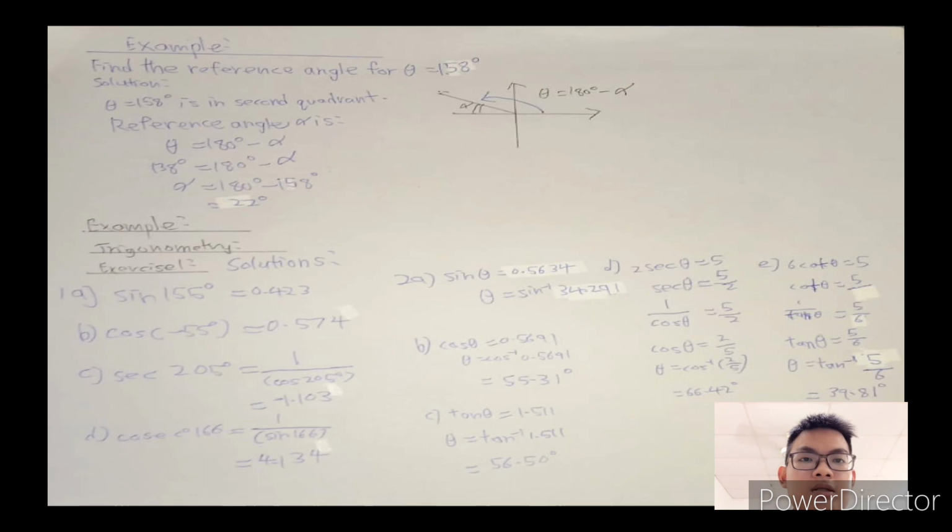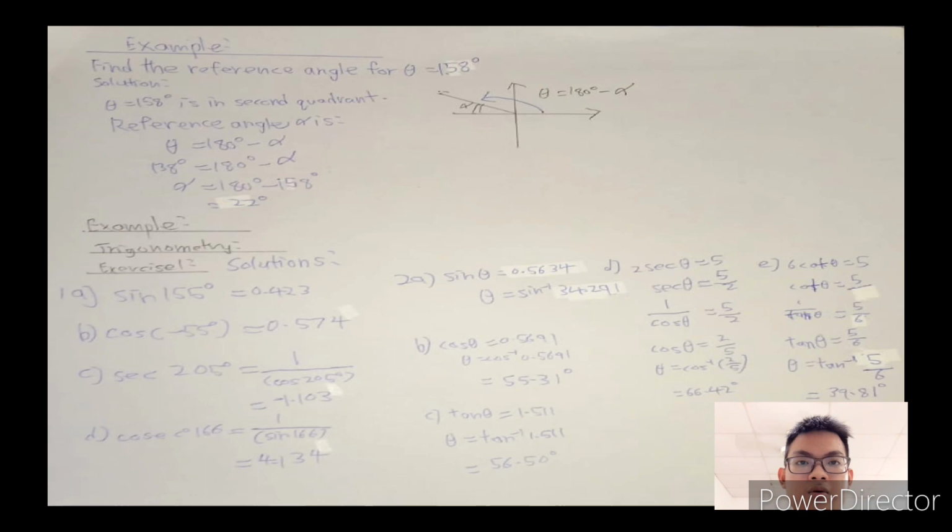The solution is theta is cos negative 1 of 0.5691. The answer is 55.31 degree.